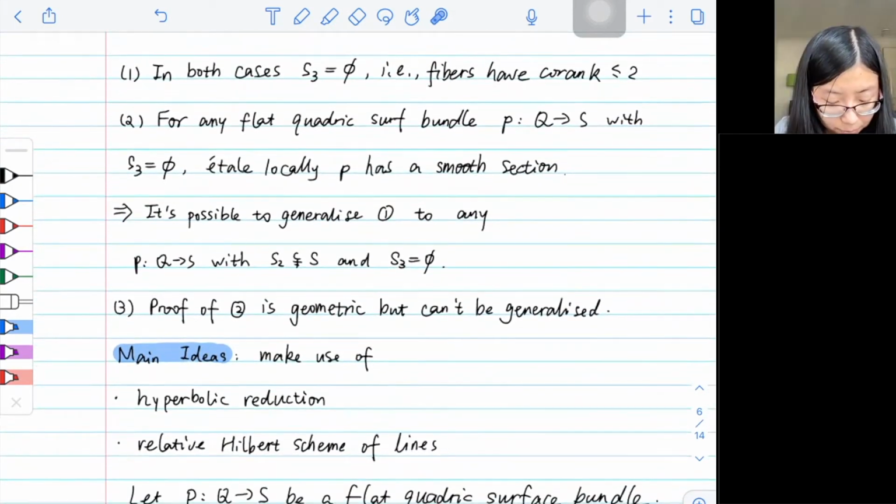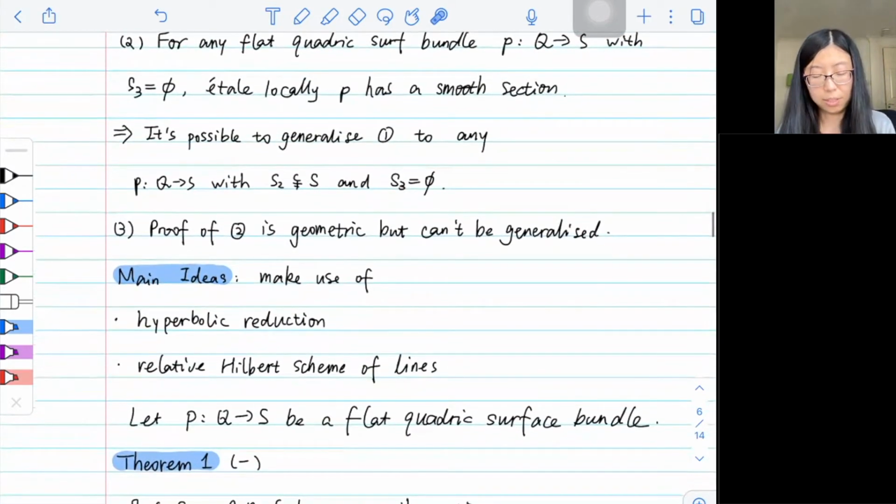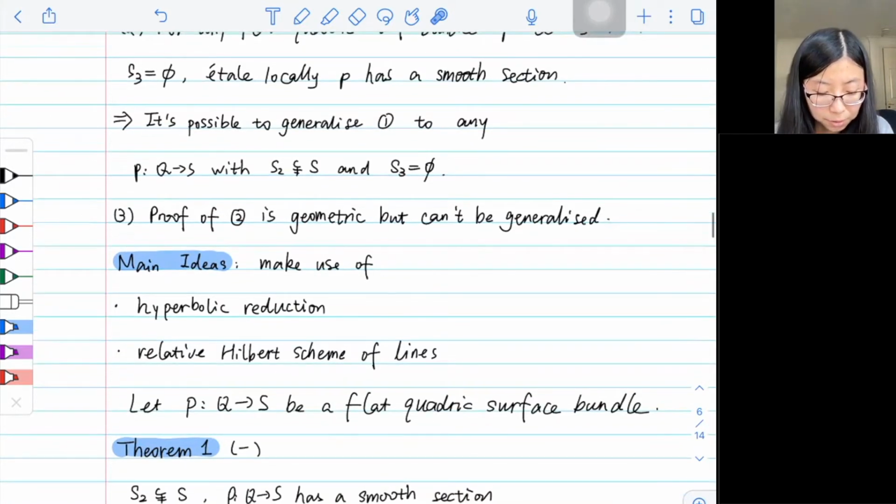I don't think I will talk about the very specific details of the proofs. Let me just mention the main ideas. There are two things that are used in this work. The first thing is called the hyperbolic reduction.